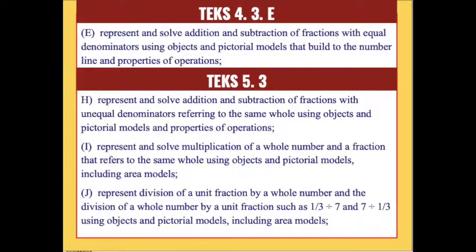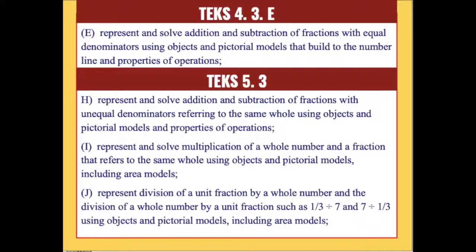Fourth grade, they're already adding and subtracting fractions with equal denominators. But notice they're not necessarily doing the traditional algorithm. They are still using objects and pictures along with the traditional algorithm.